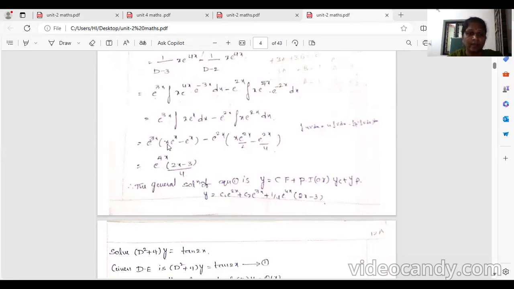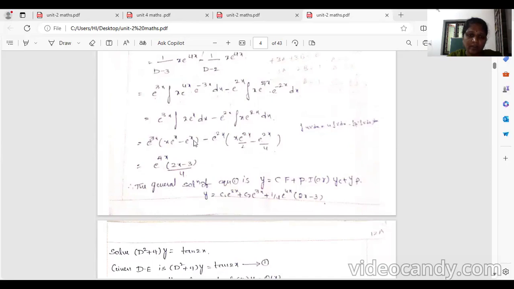So u equals x, times integration of e power x, minus u dash, where u dash is the derivative of x, which is 1, times v2, where v2 means integration of v1. Here v1 equals e power x, integration of e power x, plus u double dash, where u double dash means derivative of u dash.